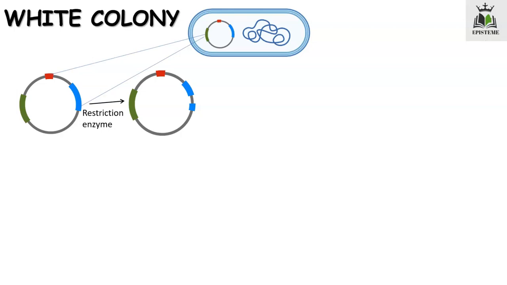And make sure that you cut the gene of interest that you are using. This black segment here is the gene of interest. You cut the gene of interest with the same restriction endonuclease so that you can ligate it using DNA ligase and put it in this cut region.